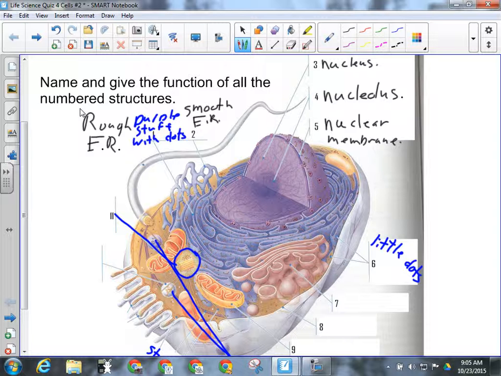Control movement from the nucleus, although not much goes into the nucleus. I don't really like that, but we'll go with it. Yes, that'll be fine.